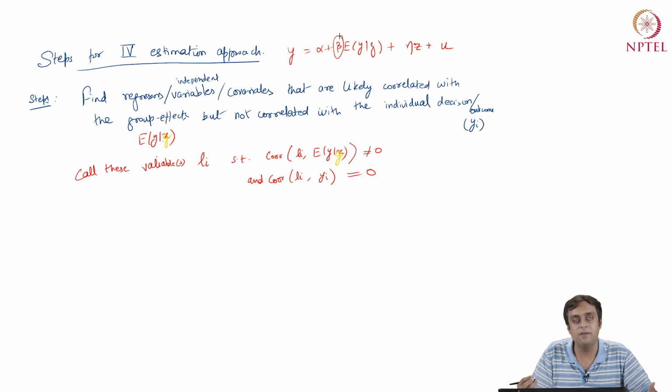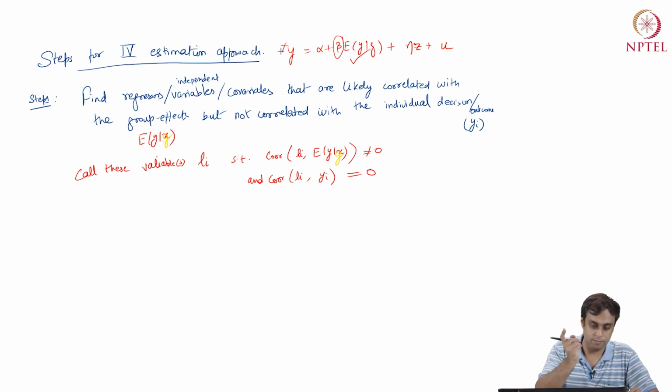So, I want to find a variable L which is correlated with the expectation of y given G, but uncorrelated with y. That is to say that the only way L will impact y is through G.